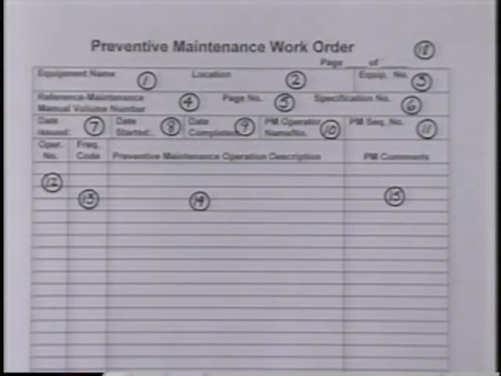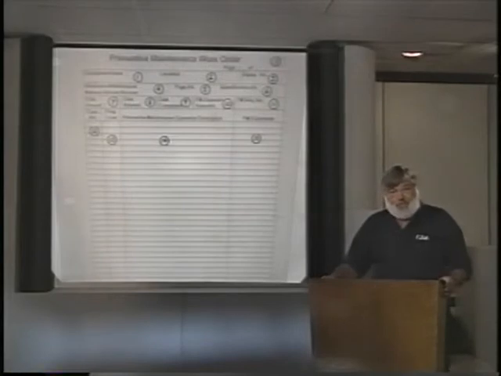Now, I want to reference a couple things. First of all, there are 4 pages that encompass page number 8 and the balance of the 3 pages. In addition to that, you'll notice that we have a lot of little bubble numbers that are all over this form.